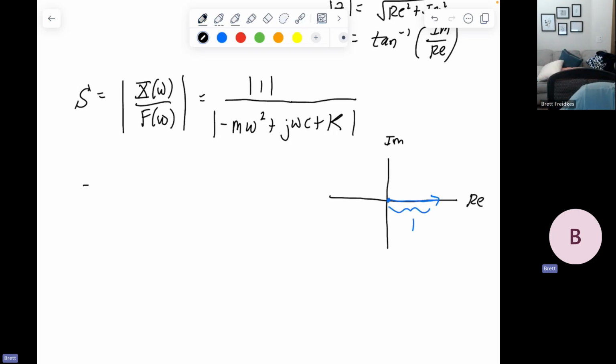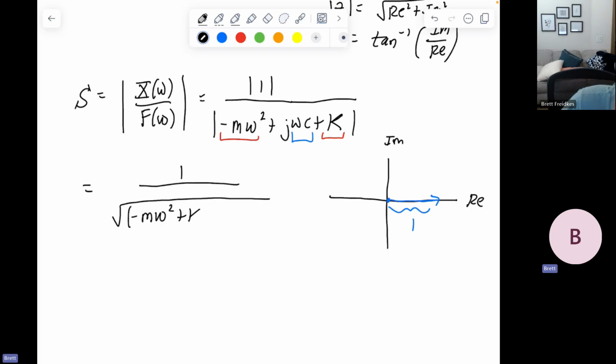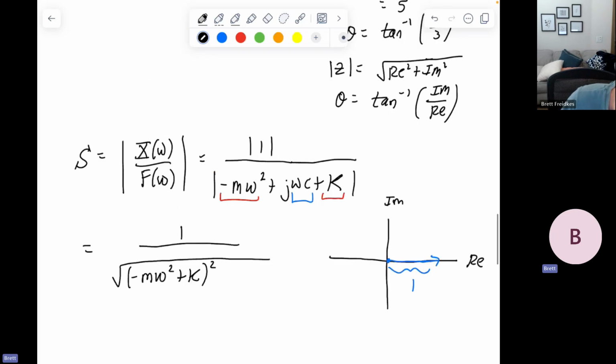So the magnitude of our numerator is 1, and then what we'll do is divide by the magnitude of the denominator. So we see we have some real stuff here, this is real, and then this is the imaginary stuff, the omega c. So this will be the square root of the real part, negative m omega squared plus k, squared. Remember, coming back up to here, plus the imaginary part, which is omega c, squared.